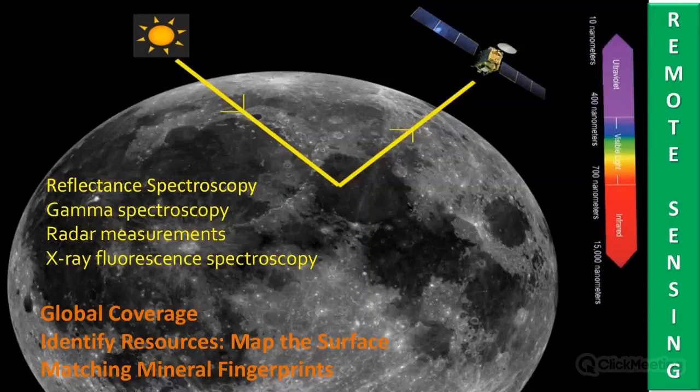These can be utilized to have the global coverage and the global understanding using remote sensing observations. So basically, this kind of global coverage helps us to identify resources, map the surface, and match mineral fingerprints, because each mineral, as I said already, forms at a specific temperature and pressure.